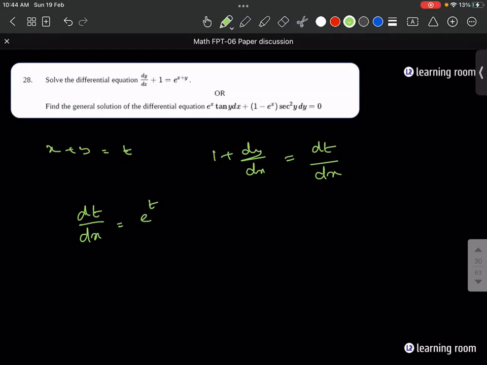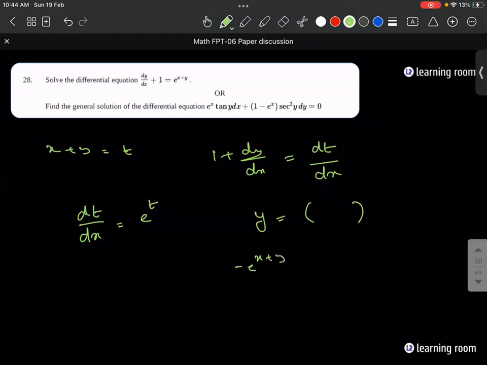In the last it's coming minus e to the power minus x plus y. So you're saying take it in terms of y? It's better you take it like that. That is how it's expected to write. Generally, whenever you're reporting the answer for a differential equation, you'll write y is equal to something. For this problem you'll get e power minus x plus y is equal to x plus c.